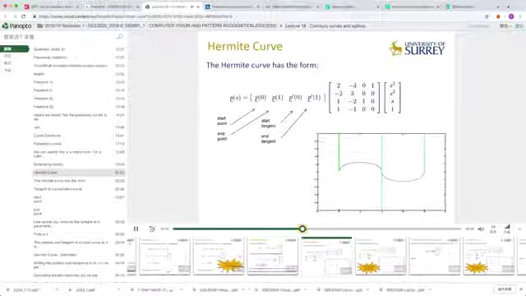Yes, absolutely, perfect, thank you. For the second curve, the red curve here, I just use the end position and tangent as the start position and tangent of the second curve, and then I make that curve end wherever I want with whatever velocity I want. Okay, thank you.